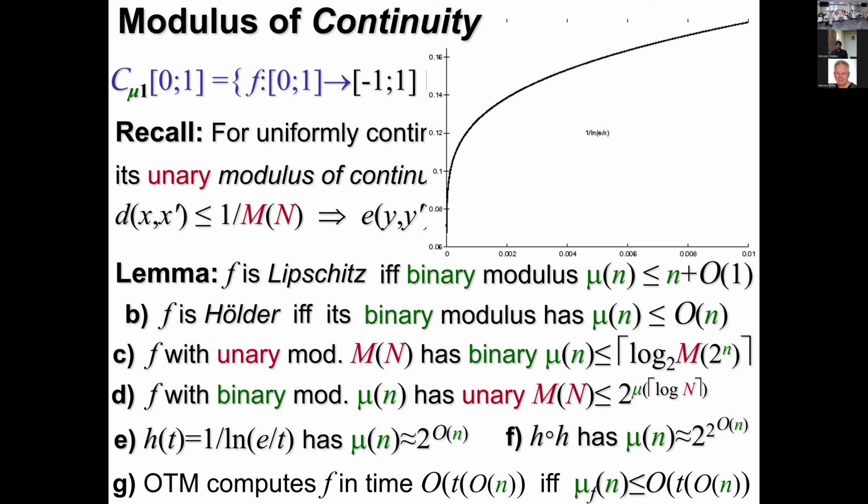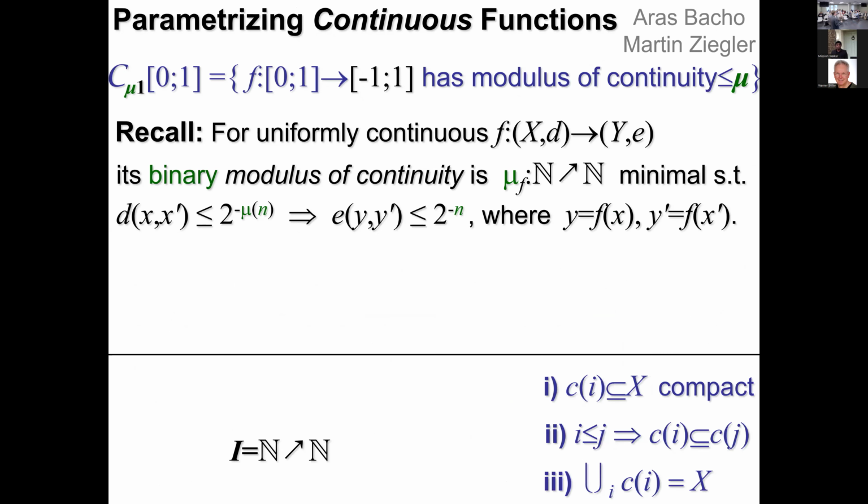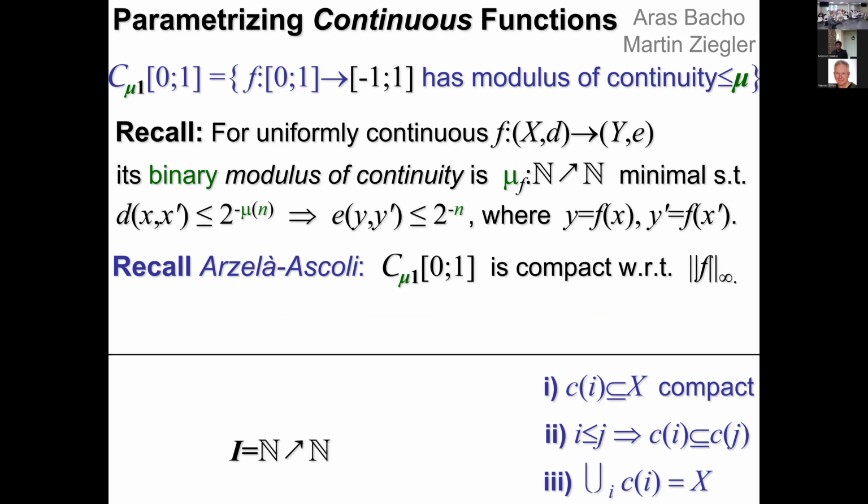Here we need to know the argument very precisely, and that takes a lot of time to process in order to produce the value even with modest precision. So that's a justification of the modulus of continuity, because it's known to be related to computational complexity, and modulus of continuity is one way of parameterizing the space of continuous functions.